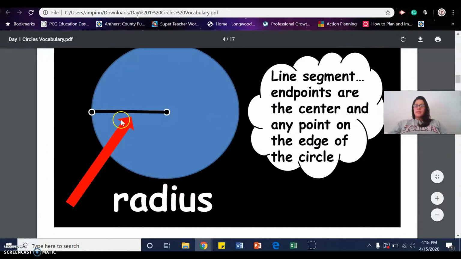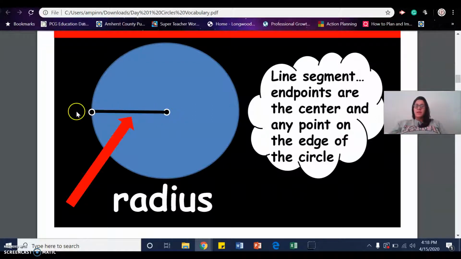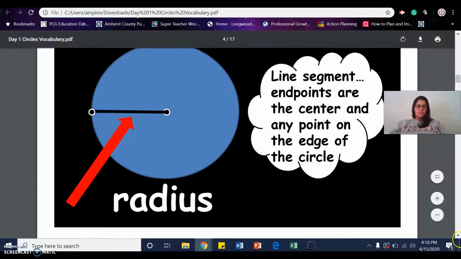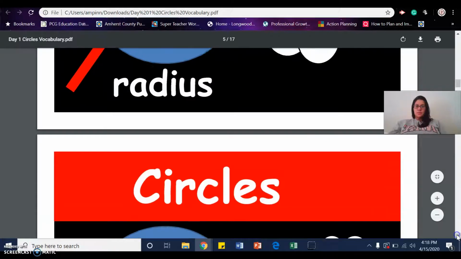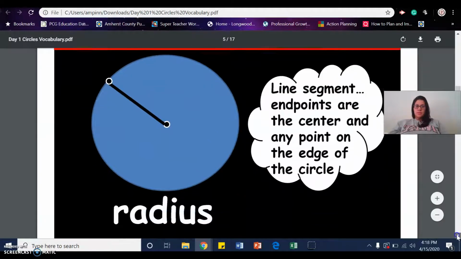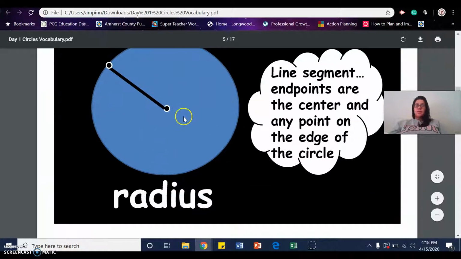The radius is a line segment where the endpoints go from the center of the circle to the edge of the circle. So this is the radius. And you can see that the radius can go anywhere. It could be right here, or I could start from the center and go right here, or right there.